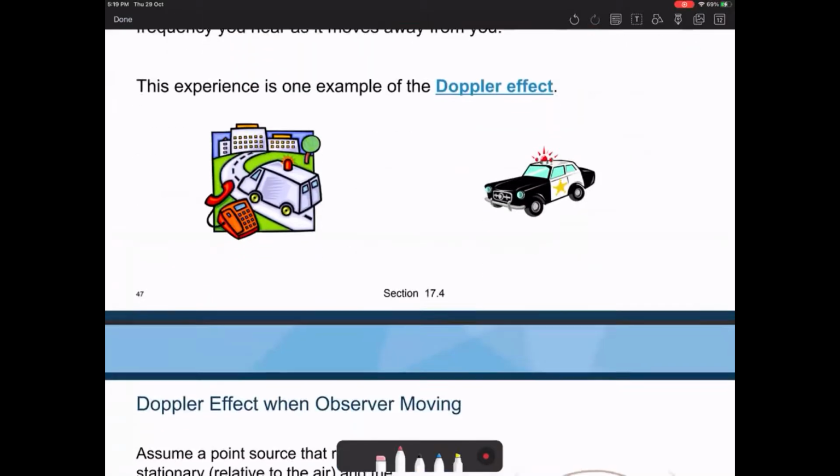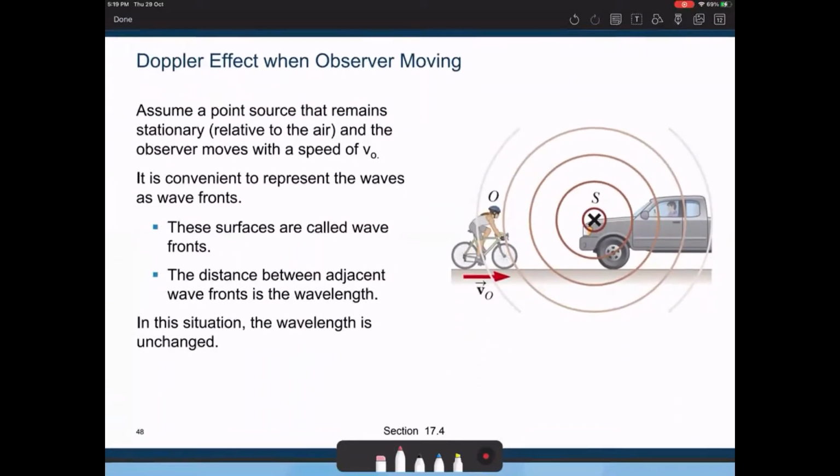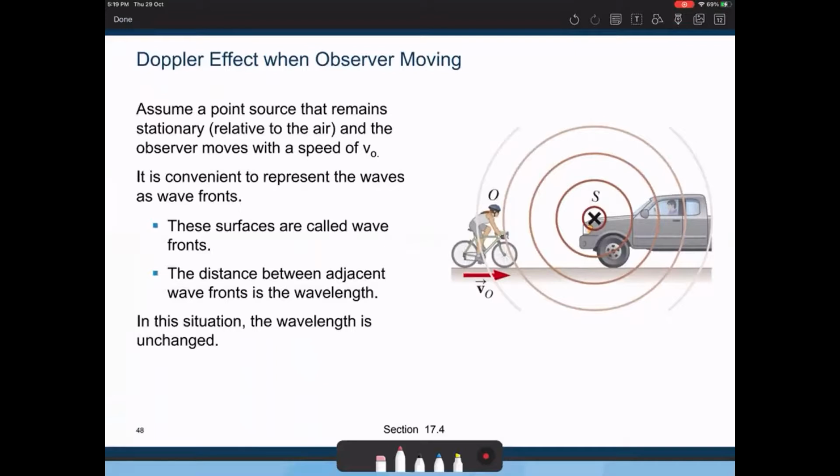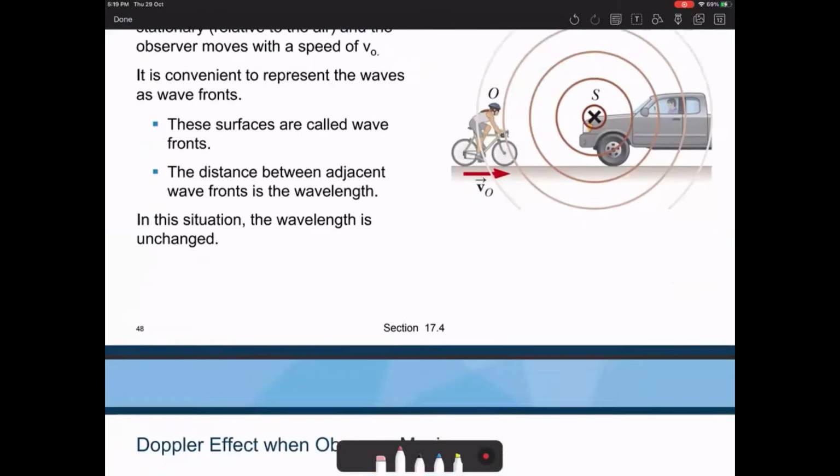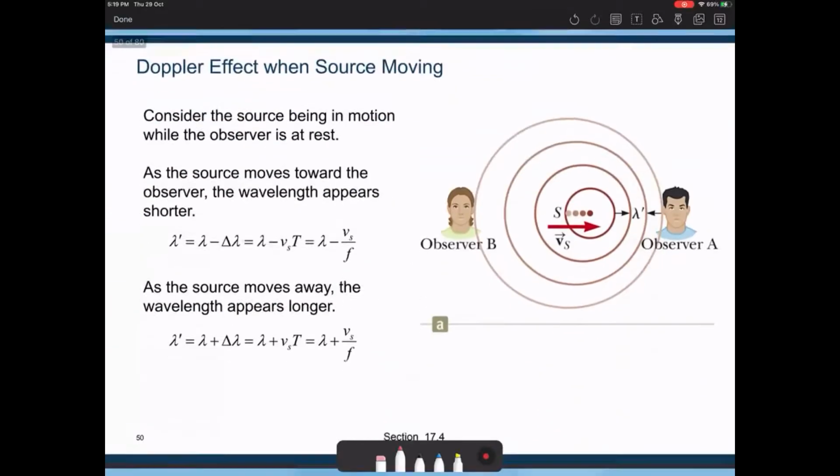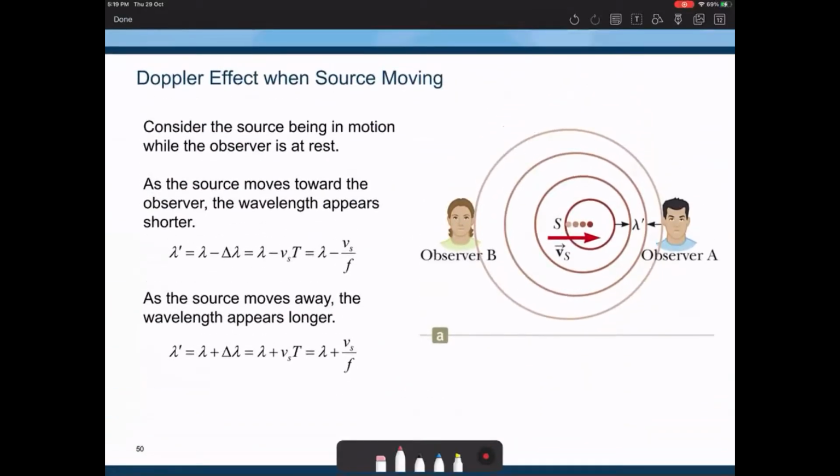So how do we understand such a scenario? Basically, we try to understand the effect by considering what happens when you have the source or the observer moving. In the video, it explains the situation when the observer is stationary and the source is moving. So why not we just go to that one first. In the video, if you remember, they show you various circles.